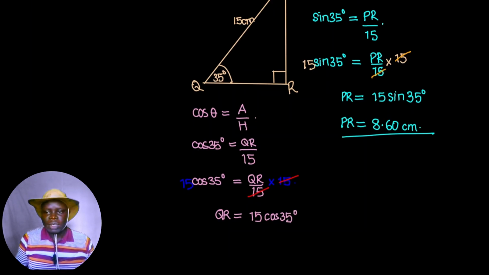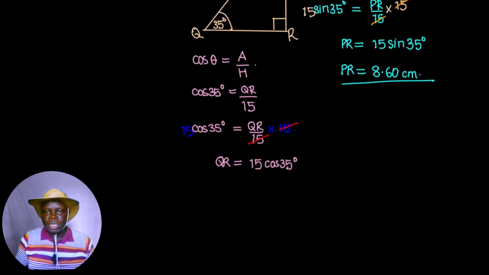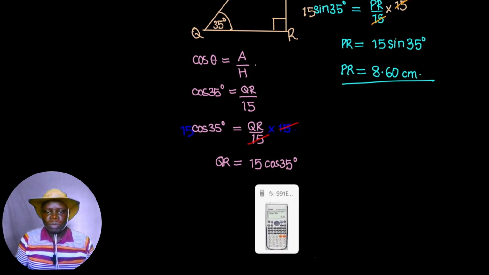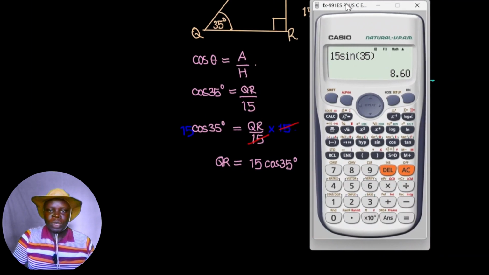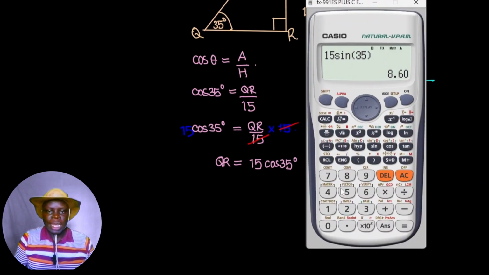So let's again get our calculator and punch it in, get our answer to 2 decimal places. So let's click this on it, and for us to be able to see clearly. Therefore, we have 15, and this multiplies cosine. You can go ahead and press multiplication sign, or just ignore the same thing. So you can press cosine of 35.